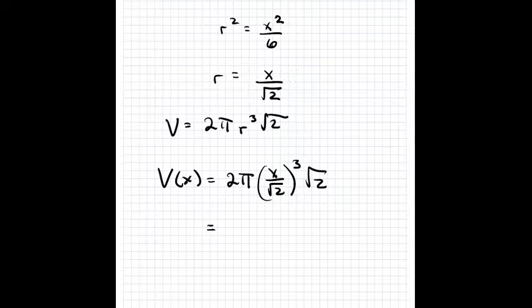So we're going to have 2 times pi times the square root of 2, and we still have this x cubed over to the side, right? That's on top. On bottom, we basically have root 2 times root 2. I'm writing it this way so hopefully you can see it a little bit better.